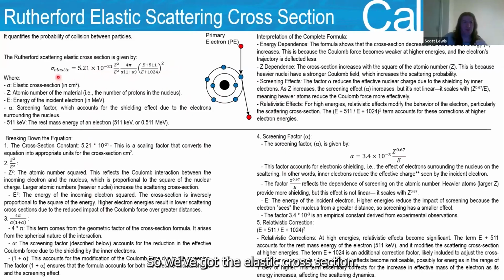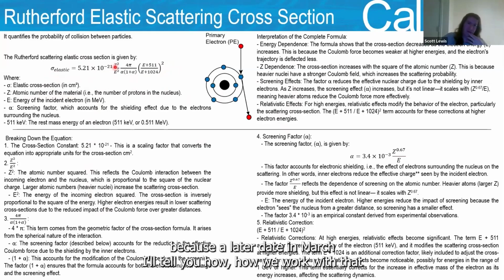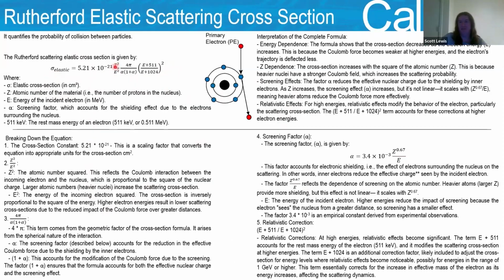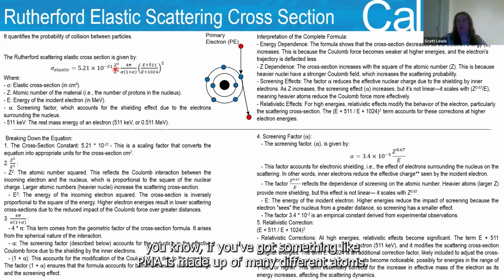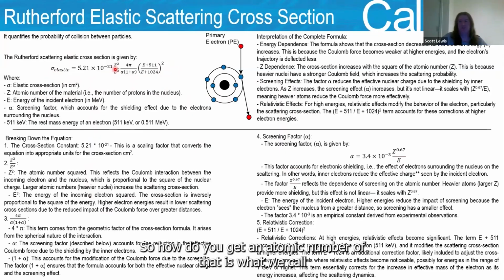Okay, so we've got the elastic cross section, we've got the atomic number, which is an interesting variable, because at a later date in March I'll tell you how we'll work with that. If you've got something like PMMA, it's made up of many different atoms. So how do you get an atomic number of that?